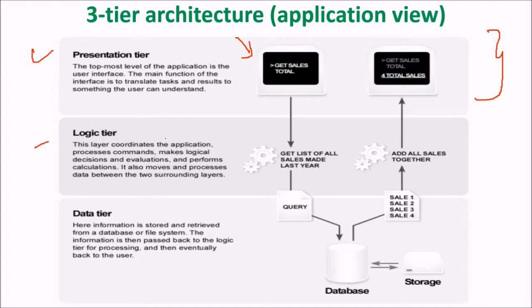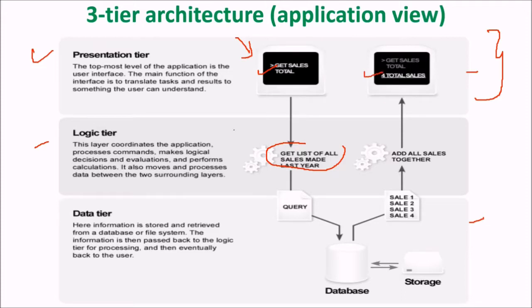Logic tier. This is the layer which coordinates the application, processes commands, makes logical decisions and evaluations, and performs calculations. It also moves and processes data between the two surrounding layers. Say, for example, a user wants to get the sales and the total of all sales, and other requirements also.